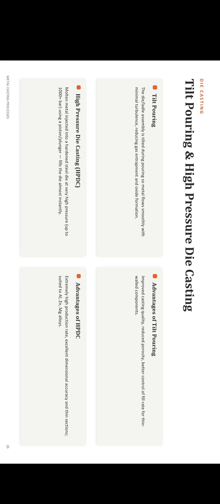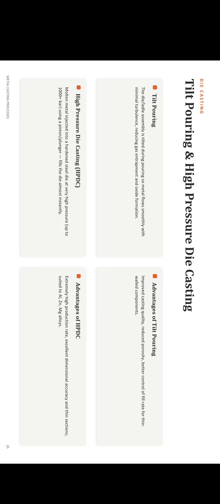Tilt pouring and high pressure die casting. Tilt pouring: the die and ladle assembly is tilted during pouring so metal flows smoothly with minimum turbulence, reducing gas entrapment and oxide formation. Advantages of tilt pouring: improved casting quality, reduced porosity, and better control of mold filling within valve components.